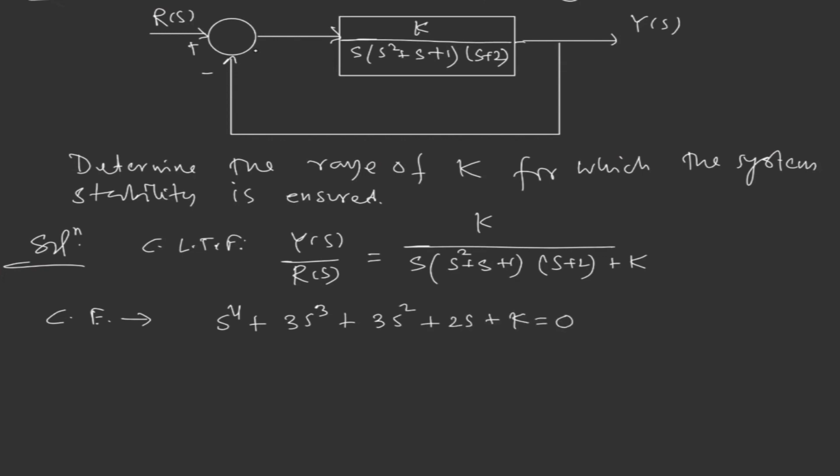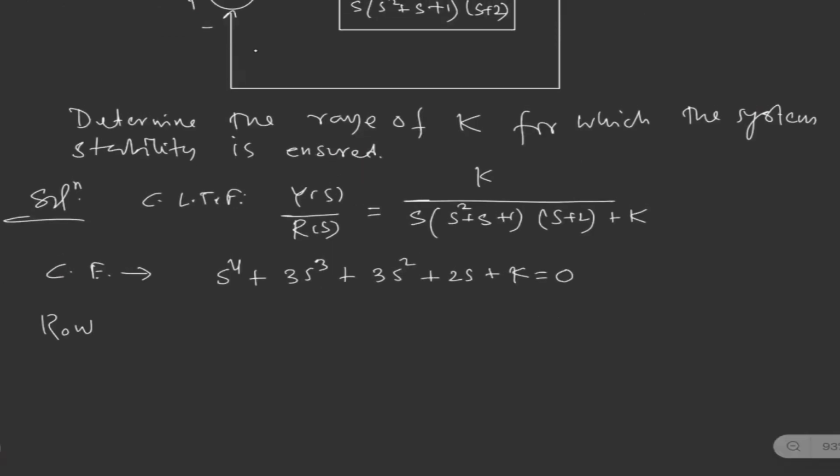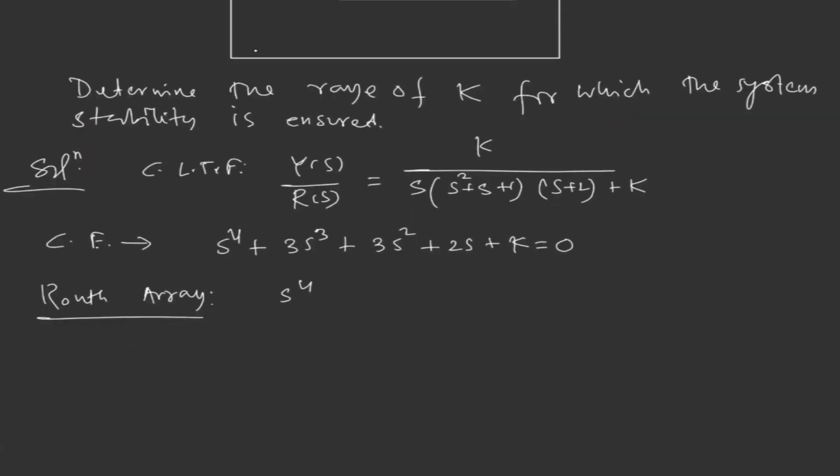So the Routh array we can form: s to the 4, s to the 3, s square, s1, s0. From the even coefficients, we can form the row 1, 3, and k. And from the odd coefficients, we have 3, 2, 0.